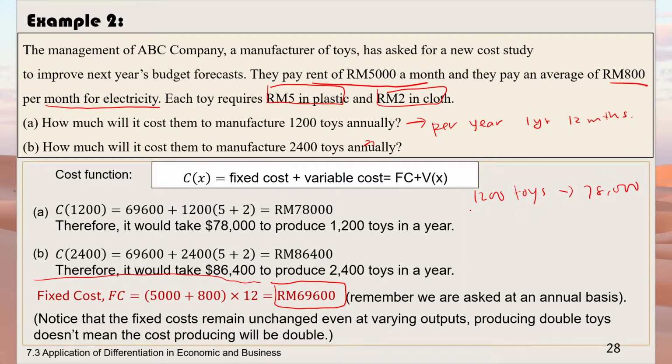Most of the time, we just think that if I produce 2,400, means is two times of this one. Normally, we just think that is going to times 2. But in this case, this thing not happen because the fixed cost is influencing your calculation.